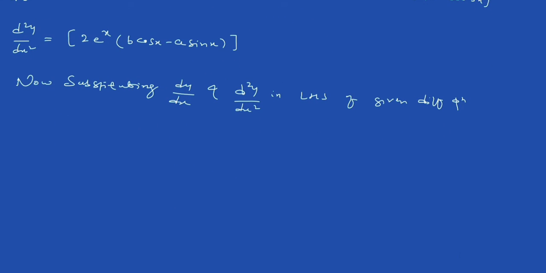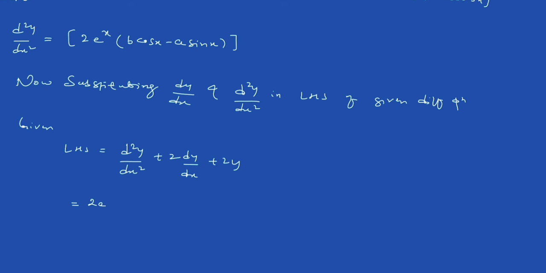So the given differential equation LHS is equal to d2y upon dx square plus 2 dy by dx plus 2y. Now substitute the values here.